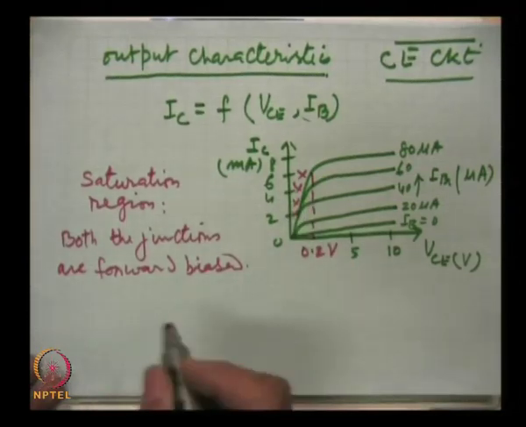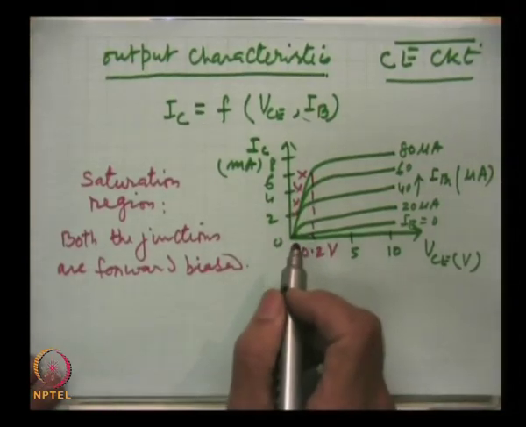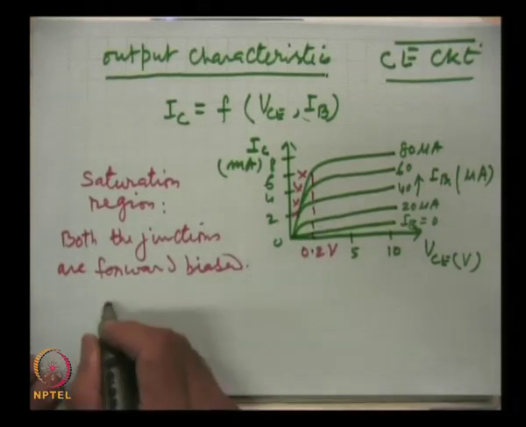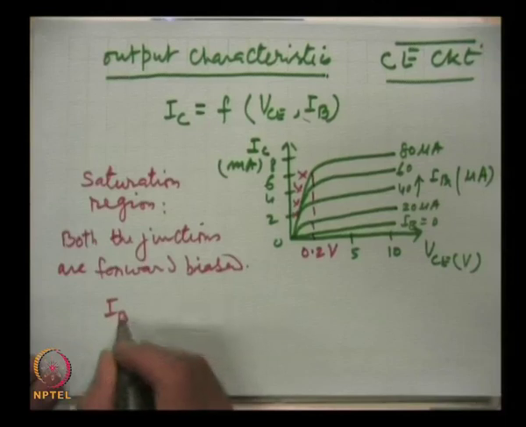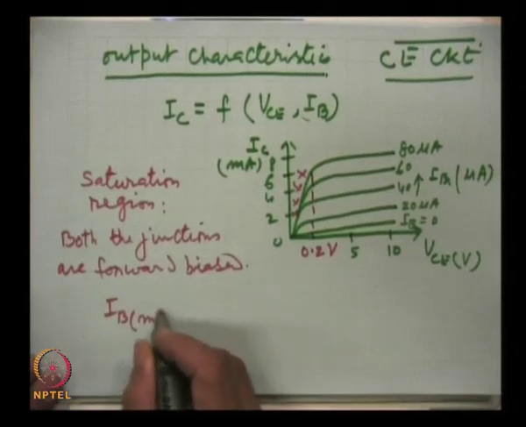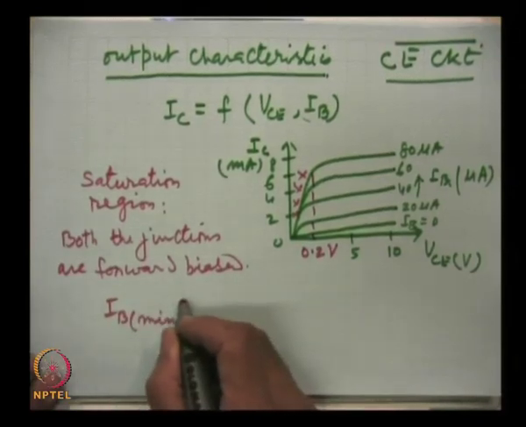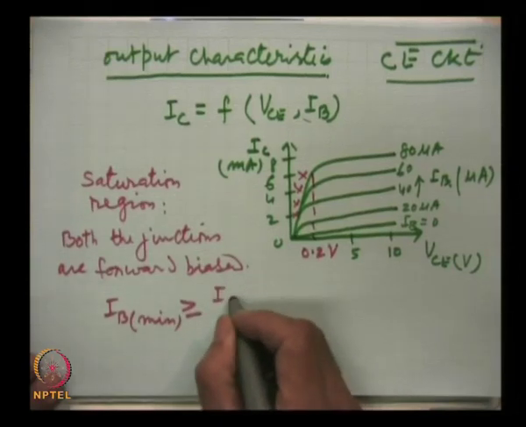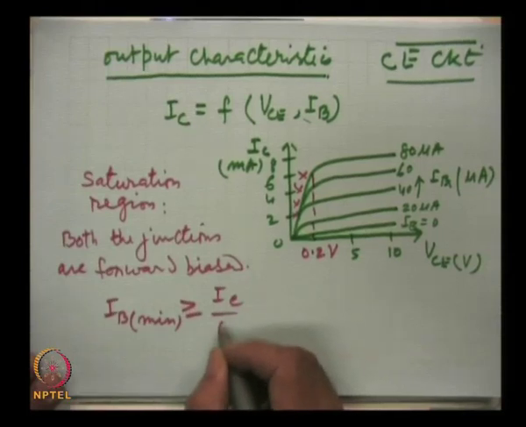And to check whether the transistor is in saturation or not, there is a condition that the base current minimum has to be equal to or greater than IC by beta.